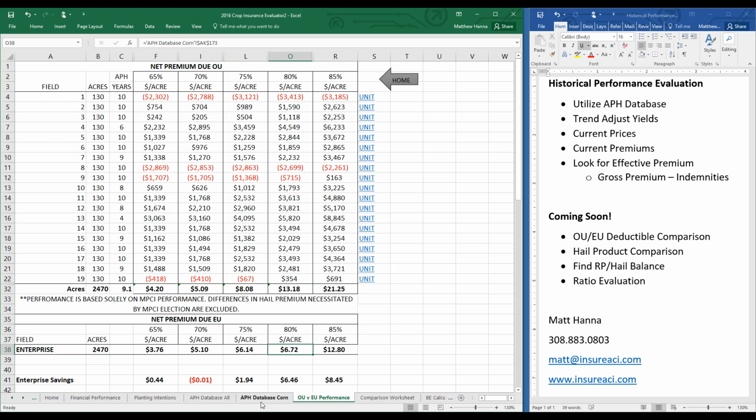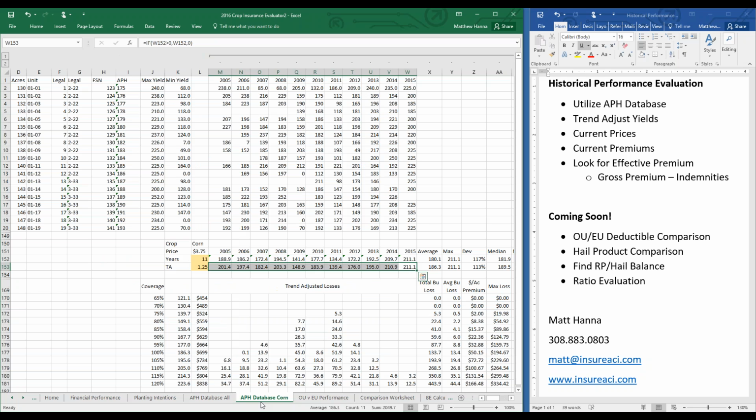So let's get going. What we're starting with is an APH database. This is yield histories. I'm going to highlight here we've got 11 years worth of yield history. We've got multiple units, and then we've got the average, so farm averages. And then underneath here, what we've done is we've trend adjusted these yields backwards. Why have we done that?